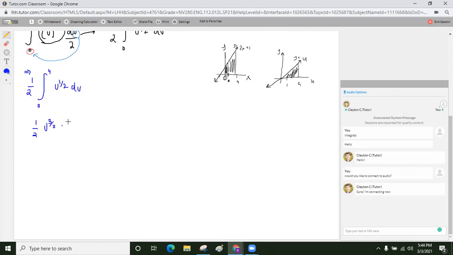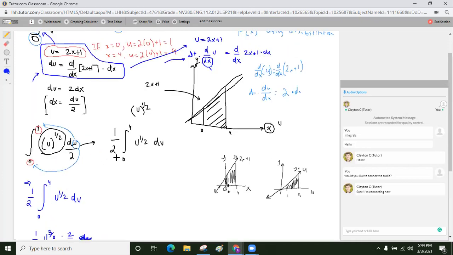We would multiply by the reciprocal, 2 over 3, or actually we wouldn't use the du here, would we? Right. And then we'd have 1 over 3 u^(3/2), and then I guess we just have 1 over 3 then.